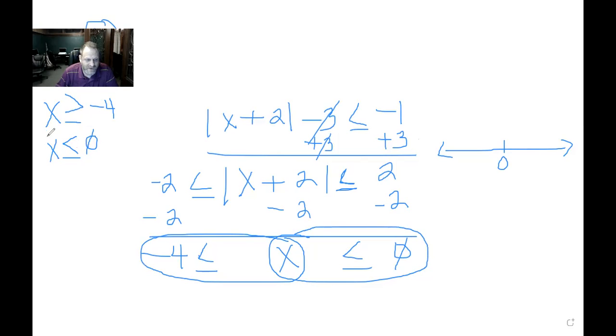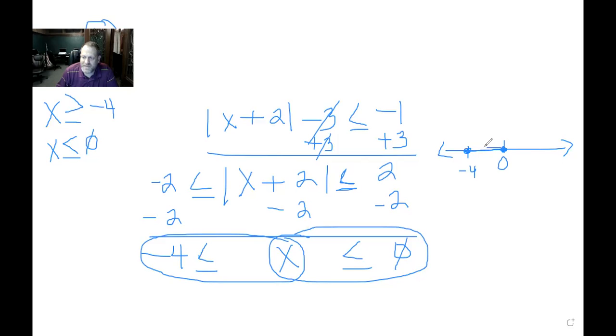Now we can do 0. So let's look at 0 first, since we're right here. Starting at the 0, and we're going this way. But how far do we need to go to the -4? We only need to go to the -4. And remember, it is closed circle on both of them.